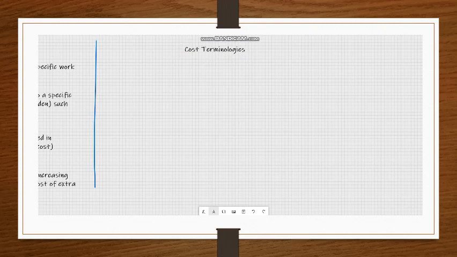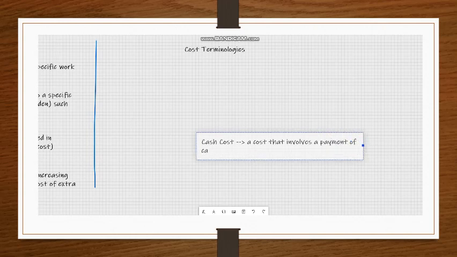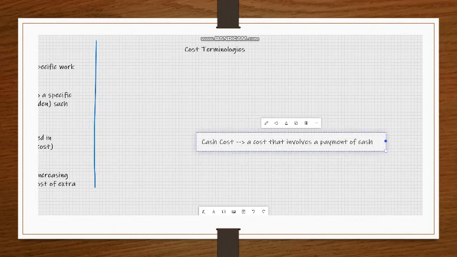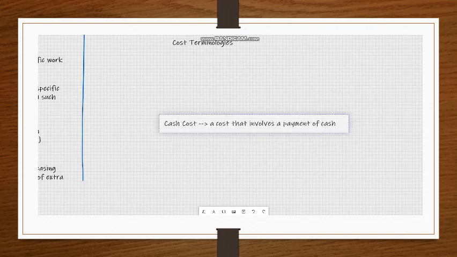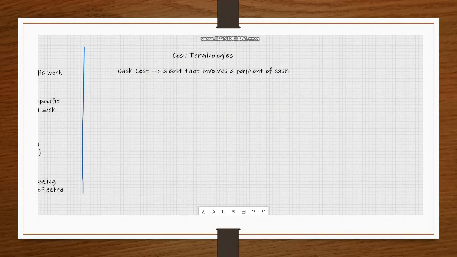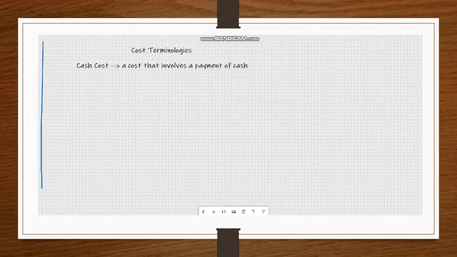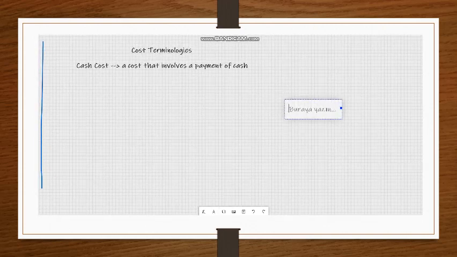The first one is cash cost, which is basically a cost that involves a payment of cash. So we are paying cash, not with credit.